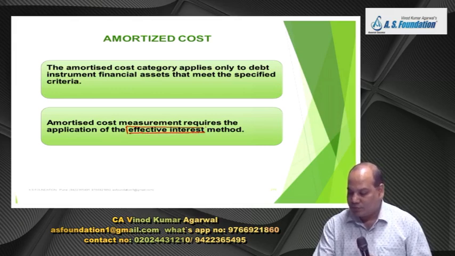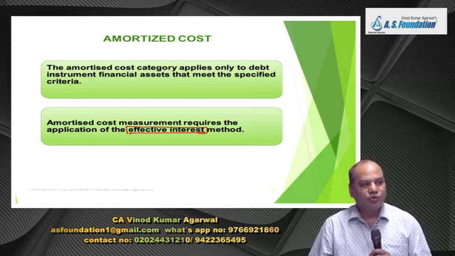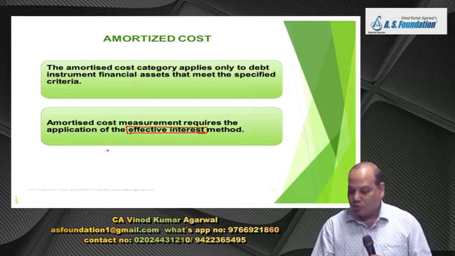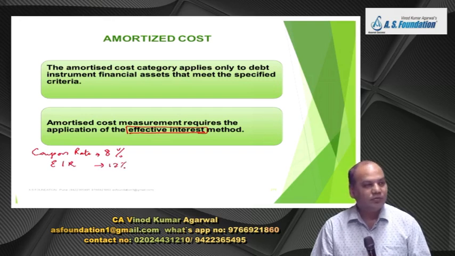Substance over form. What is the purpose of this accounting? Substance over form. So even though the coupon rate may be 8%, coupon rate means contractual rate, its effective interest rate may be say 12%.